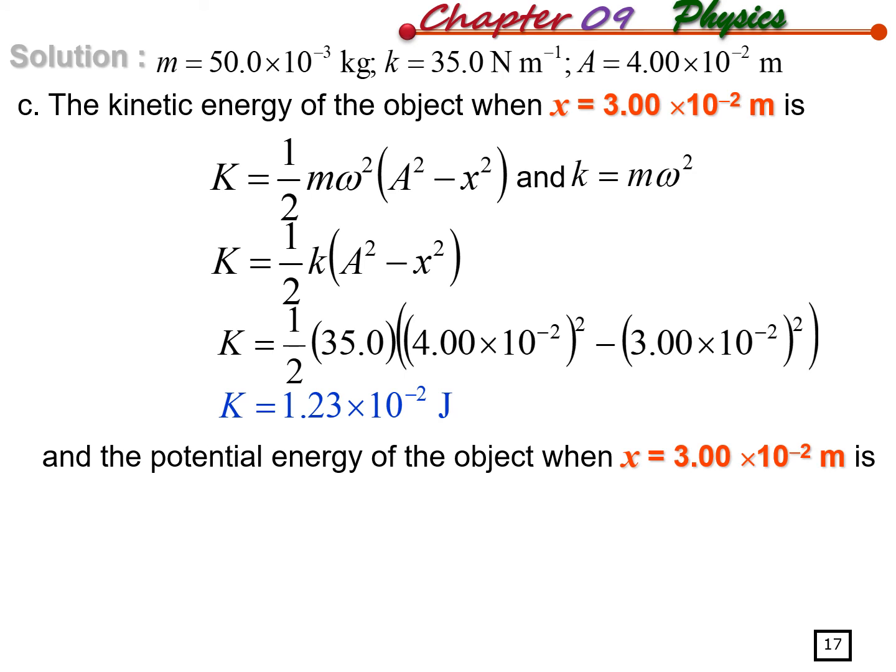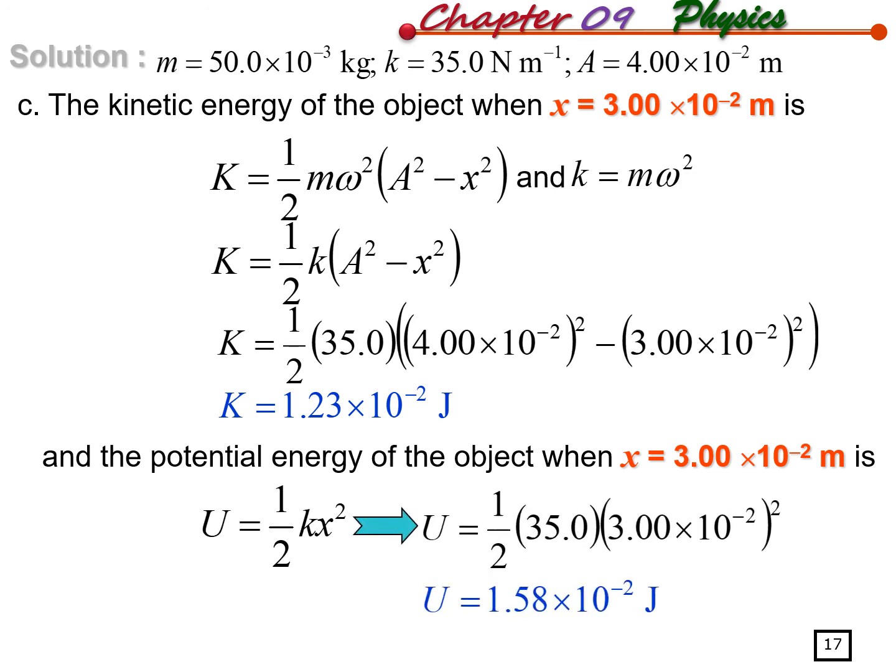And for the potential energy, apply the equation for potential energy and replace the value x is equivalent to 3 centimeter, converted into meter SI unit. Apply in, and then the final answer should be 1.58 times 10 to the power of negative 2 joule.